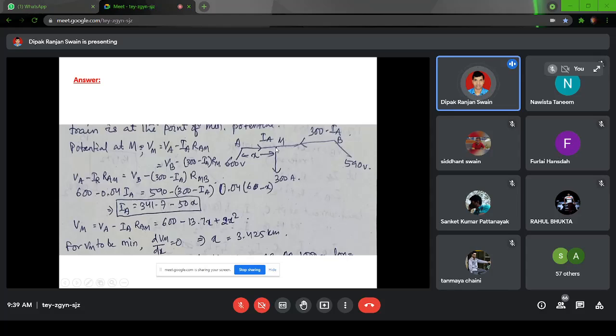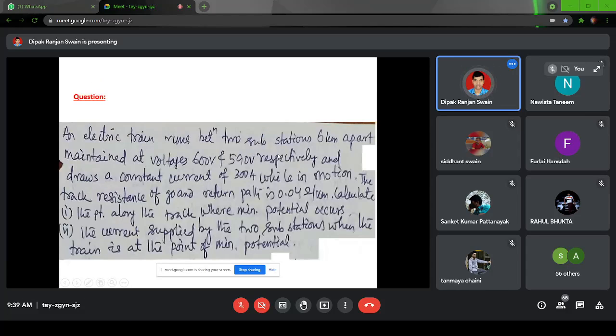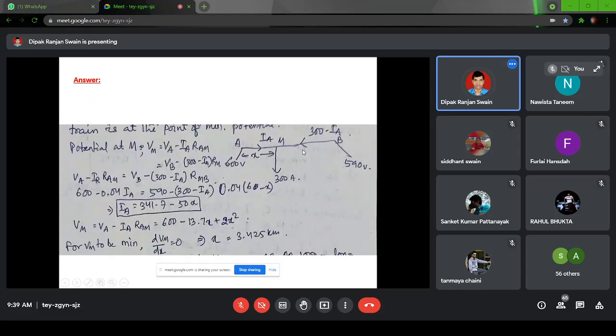If x is the distance here, the distance from the other side will be total length minus x. The total length given in the question is two substations 6 kilometer apart. So if this is x, this will be 6 minus x, in terms of kilometers.